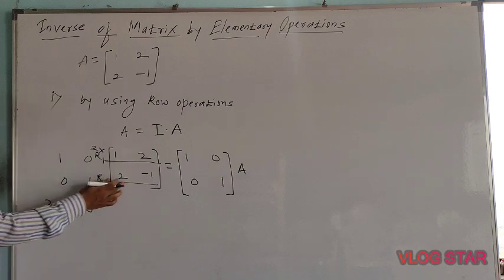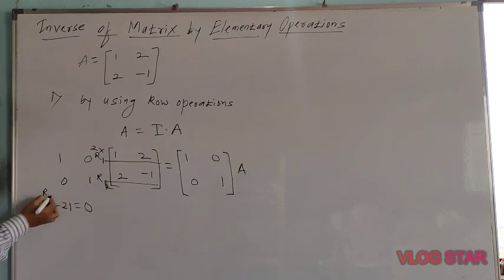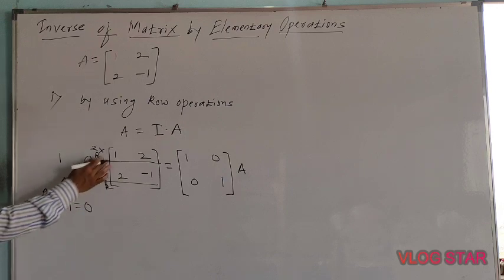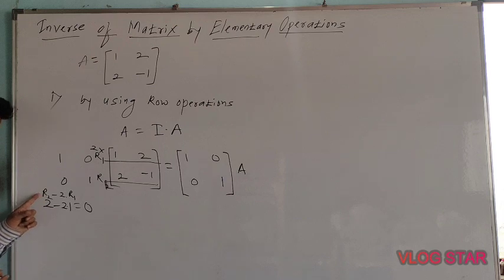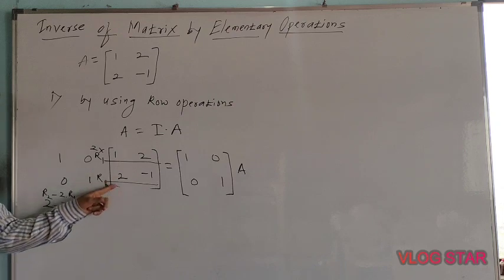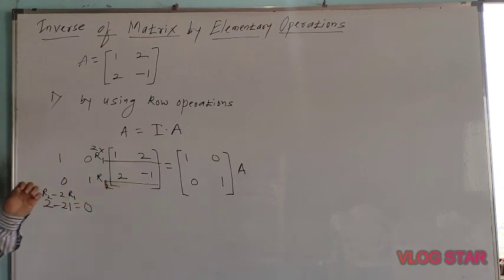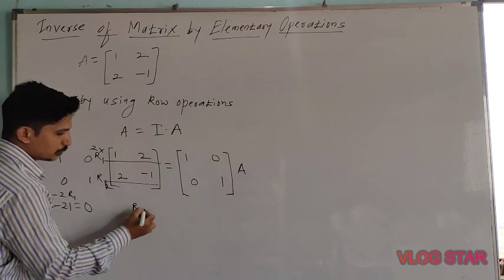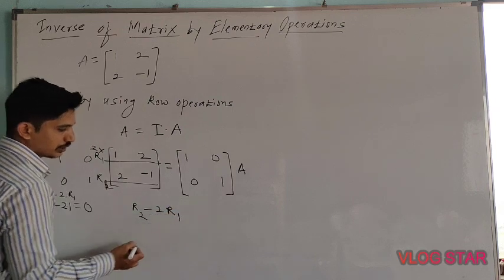That's why R2, 2 is in R2 here, minus 2 into 1 which is in R1. R2 minus 2 into R1. So 2 minus 2 into 1 is 0, so here 0 will come. That's why the operation is R2 minus 2 into R1.